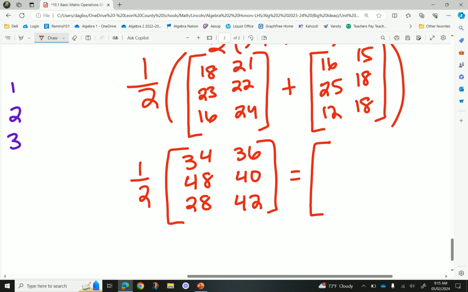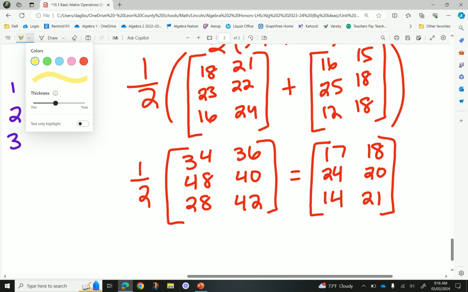Can you give us our final answer? You're good. I know. I called on you too fast. Yeah, just do 1/2 in each number. Good. All right, so we have our answer, but what does it mean?